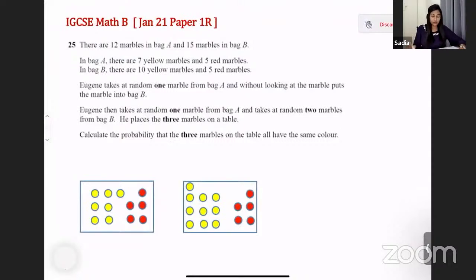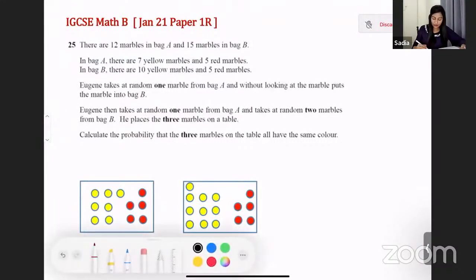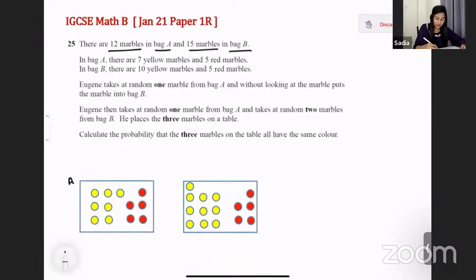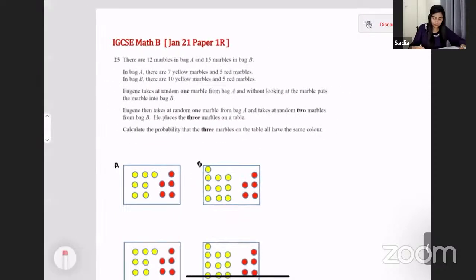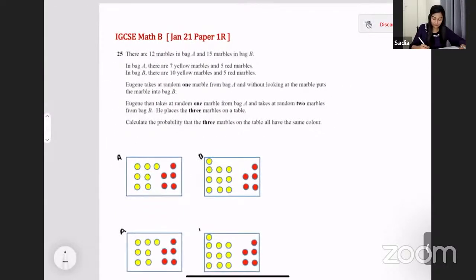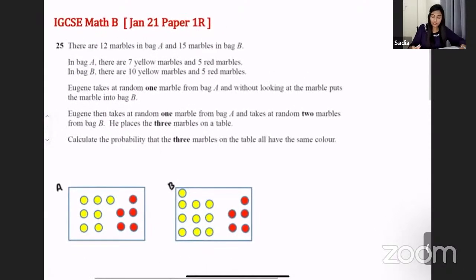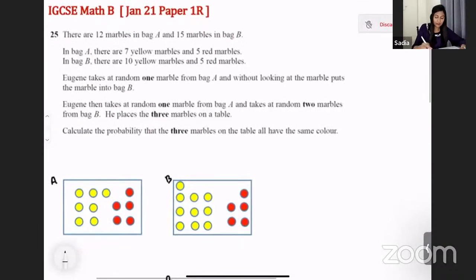Okay, so in this question, we have actually 12 marbles in bag A and 15 marbles in bag B. So you have two different bags, bag A and bag B. Next, in bag A, we have 7 yellow marbles and 5 red marbles.